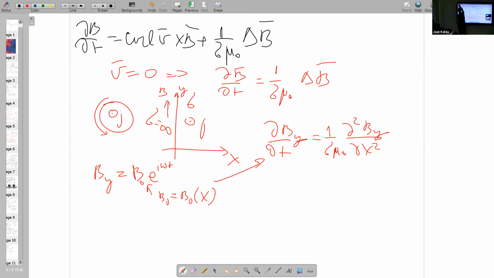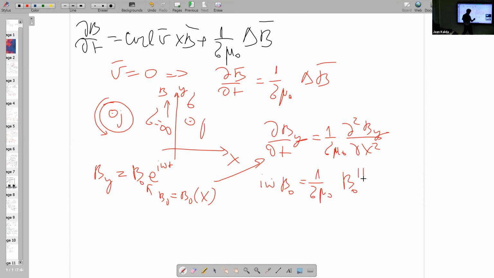Then the time derivative can be taken, because taking the time derivative is just the same as multiplying by i omega. So we have i omega B naught equals 1 divided by sigma mu naught times the second derivative of B naught.